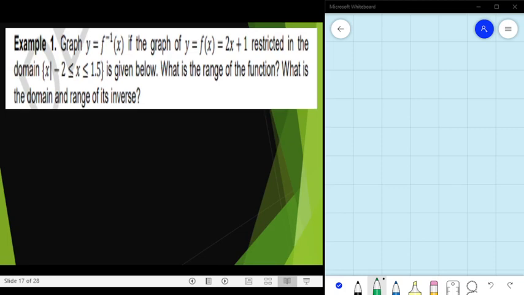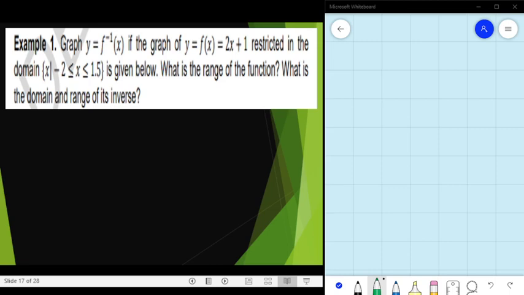For example, number 1, we are going to graph y equals the inverse of f of x, if the graph of y equals f of x equals 2x plus 1, restricted in the domain of the set containing x such that x is greater than or equal to negative 2 but less than or equal to 1.5, is given below.